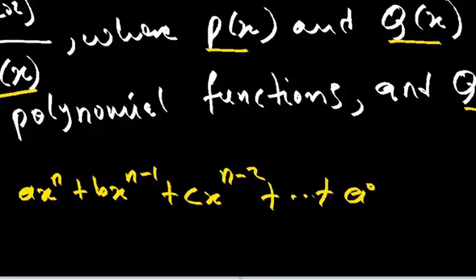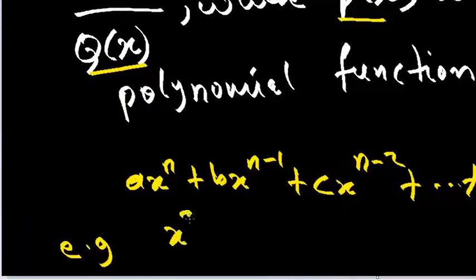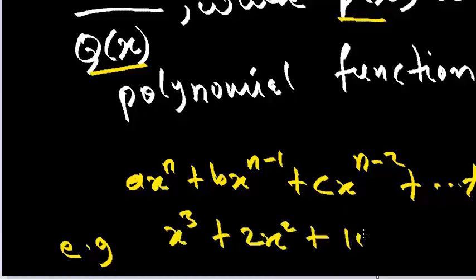So that is what we mean by a polynomial function. An example is x cubed plus 2x squared plus 10x minus 5. You can see that the highest degree is 3, and the n stands for the highest degree.